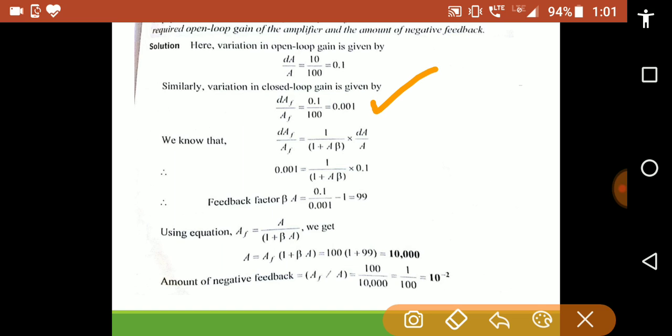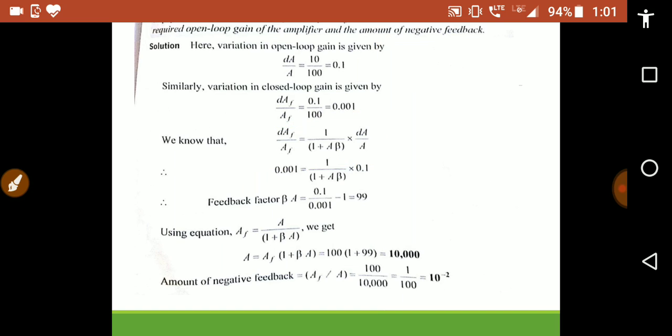So we have dA by A equal to 0.1 and dAF by AF equal to 0.001. So we know that dAF by AF equal to 1 by 1 plus beta A into dA by A. This is the formula we know.